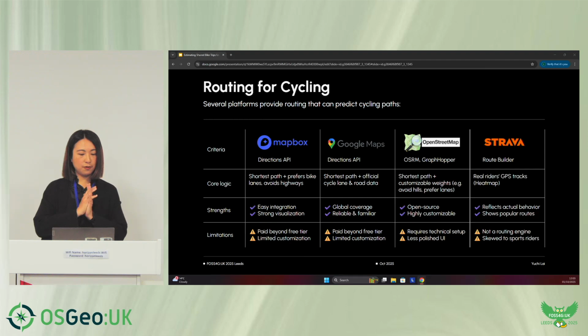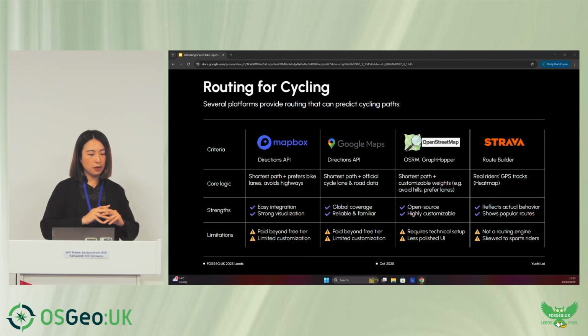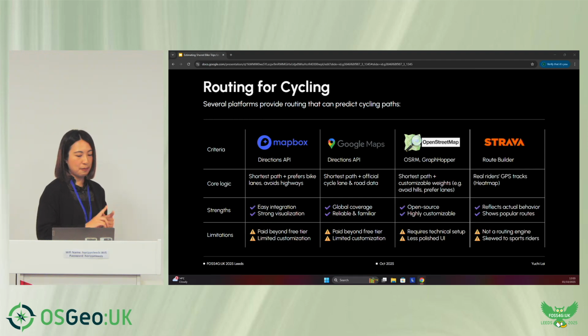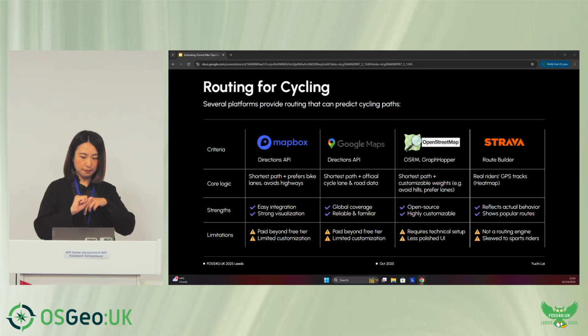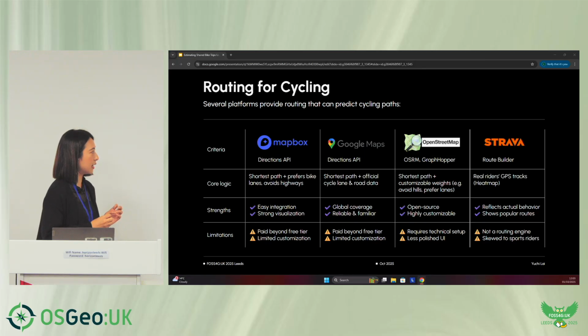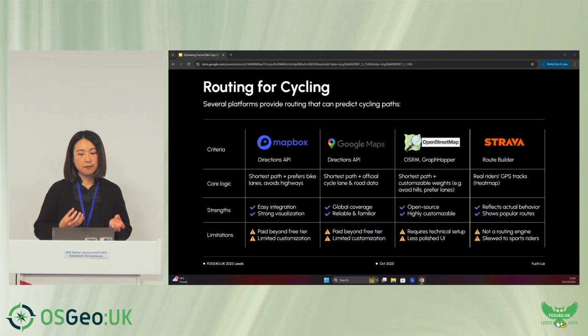All these platforms work slightly differently. Mapbox and Google Maps use cycle infrastructure data and try to predict the shortest path, but with different attributes. For the OSM GraphHopper, it is more customized. You can weight different features based on your analysis.